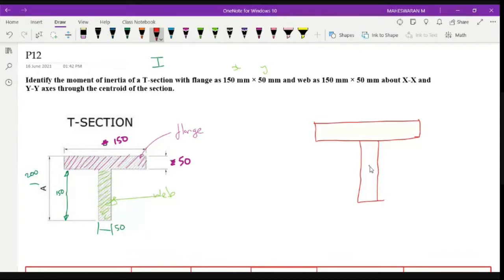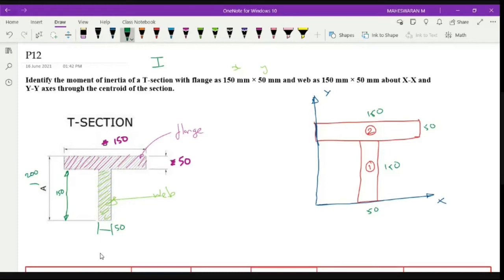I'm going to fix this in the first quadrant, which means your axes are like this: there's the x-axis and there's my y-axis. If I fix my two rectangles like this, you know the dimensions: this is 150, this is 50, this is 50, and this is also 150.